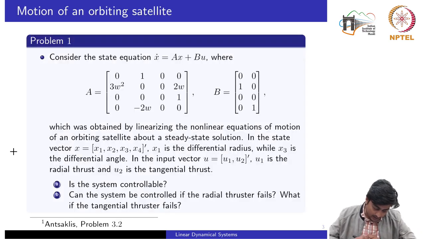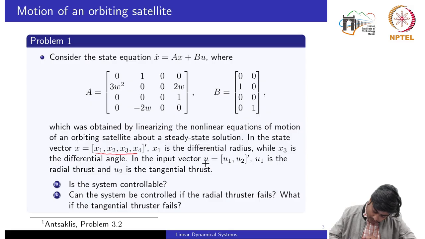So problem 1 deals with the matrices A and B in a linear time invariant system, which was obtained by linearizing some nonlinear equations of motion of an orbiting satellite around some steady state solution. 4 states have been identified, x1 to x4, with their physical significance in the nonlinear equations.